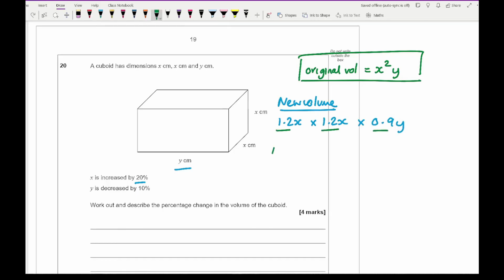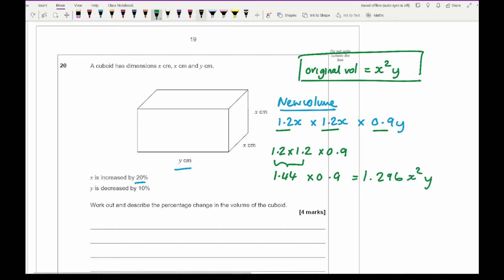So I'm going to do 1.2 times 1.2 times 0.9. Well, that's going to give me 1.44. So if I then do 1.44 times 0.9 by doing some decimal multiplying or by converting them into whole numbers, ultimately you should end up with an answer of 1.296, and that's going to be x squared y.